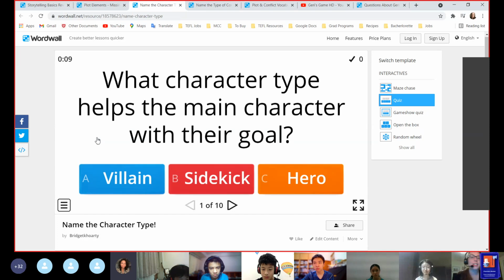What character type helps the main character with their goal? All right, we're going to ask everyone. Raise your hand if you think it's villain. No one raised their hand. All right, raise your hand if you think it's B, sidekick. Sidekick.